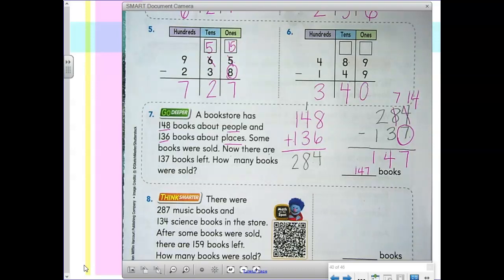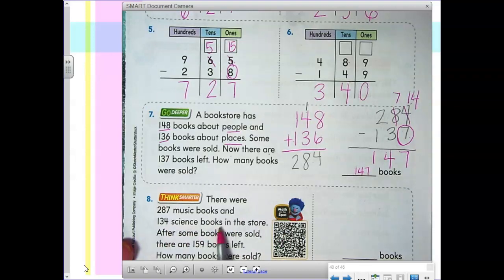And on the next problem, they're going to try to give you a similar problem. Let's see if you can figure it out. Okay, you will have the math on the spot video to help you. We'll go over it tomorrow. It says there were 287 music books and 134 science books in the store.